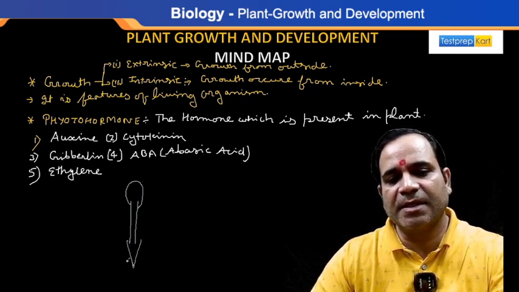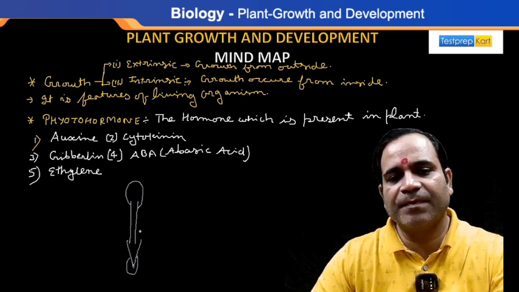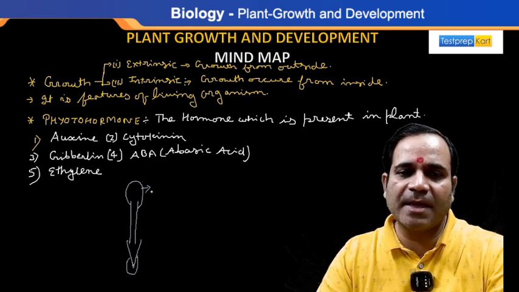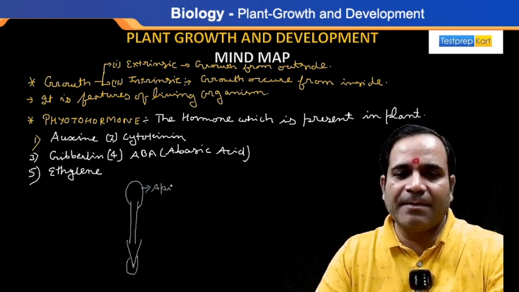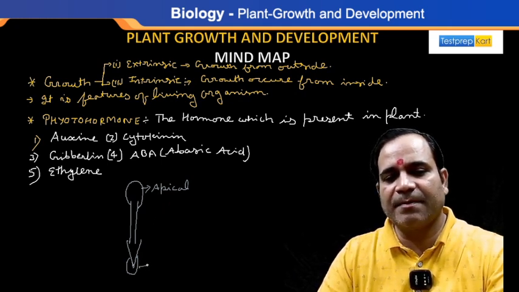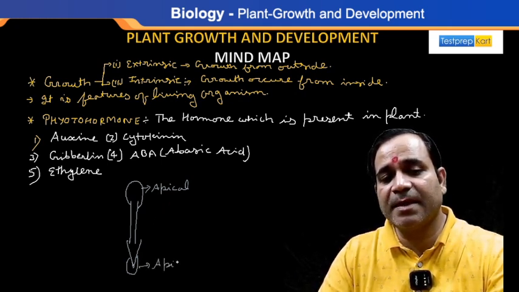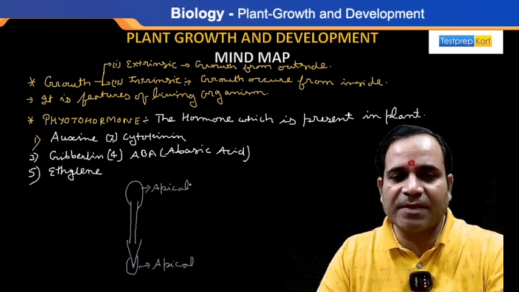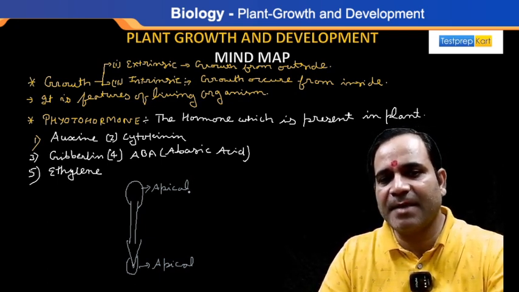Okay. So see, this one is the root, apical region. This one is the apical region of the stem, and this one is the apical region of the roots, my dear. Yes or no? If I say the apical region of the stem, that is the apical meristem.